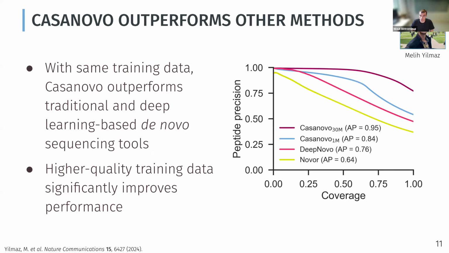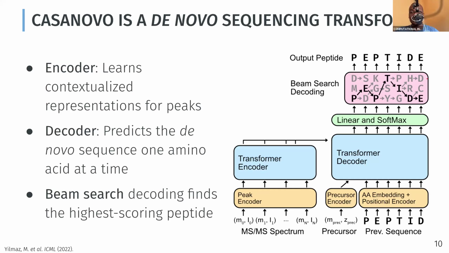And so we introduced this Casanovo transformer-based model. And then, Professor, on the previous slide, on the first input layer, I see we have the mass spectrum as the input, the precursor, and then I think the previous sequence.